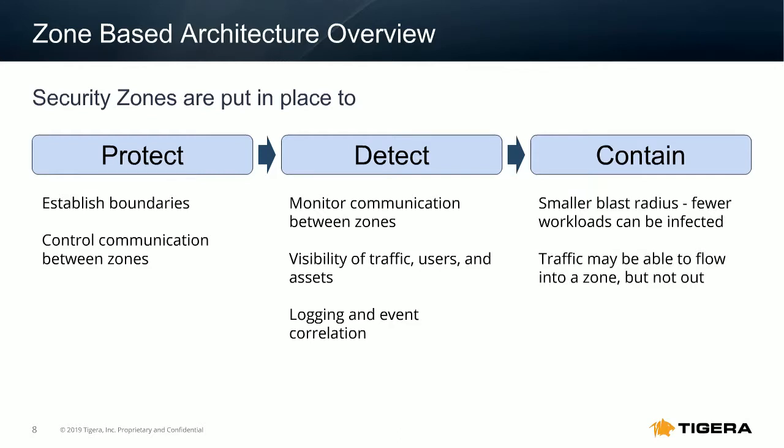The other thing is that zones typically move in one direction. You generally can't move from, for example, your restricted zone out to the public internet through the DMZ. That would be bad, because that could be data being exfiltrated out of your databases. So generally they move in one direction, so maybe if you can get in, you can't get out.